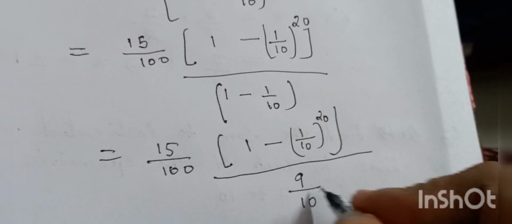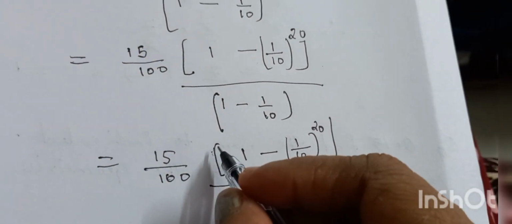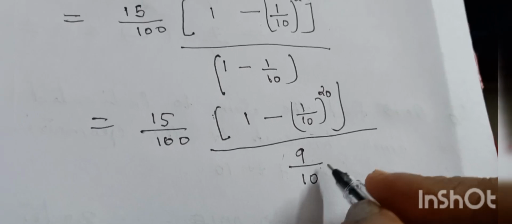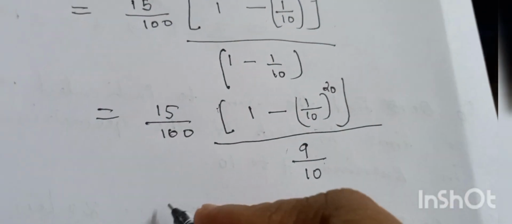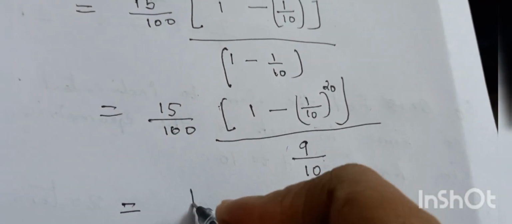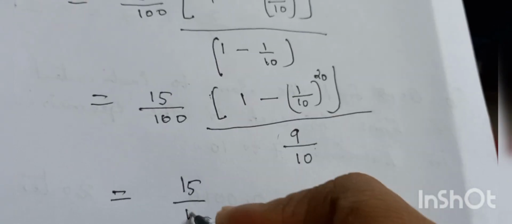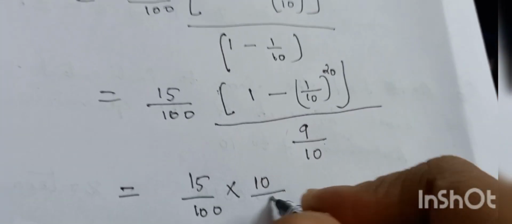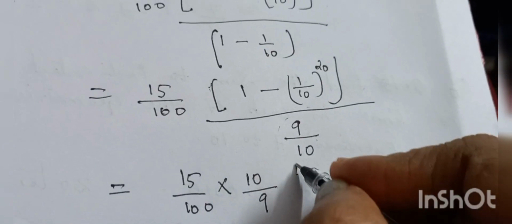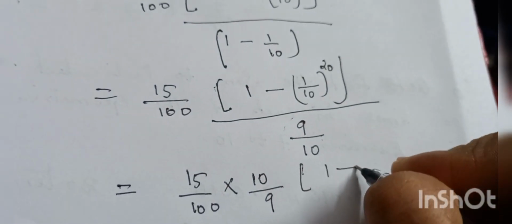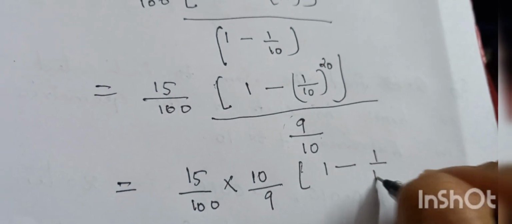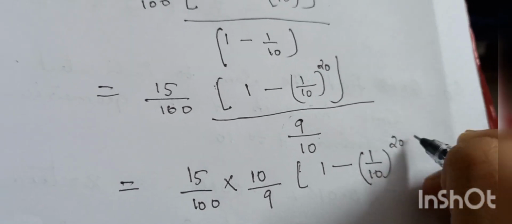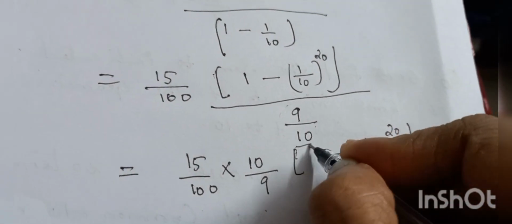So this reciprocal will come. So reciprocal of this is how much? 10 by 9. So we get 15 by 100 into 10 by 9, reciprocal of this, in bracket 1 minus 1 by 10 to the power 20, close the bracket.